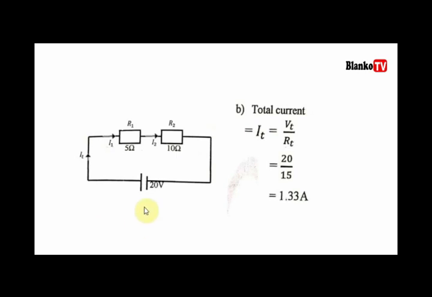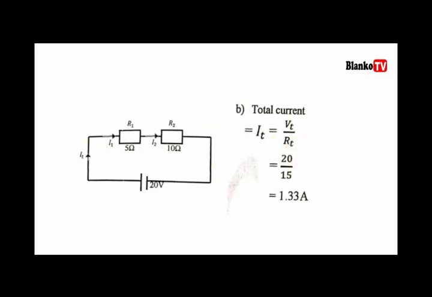Since it's a series network, the total current is the same current that flows through the circuit. To calculate the total current by Ohm's law, we say IT equals VT over RT.